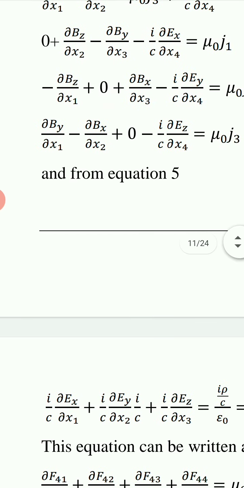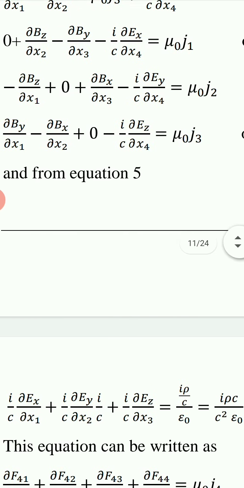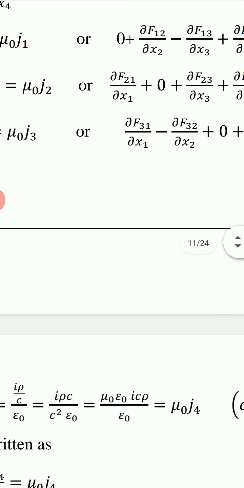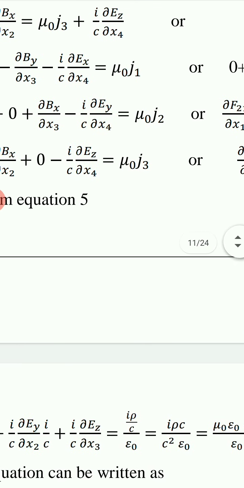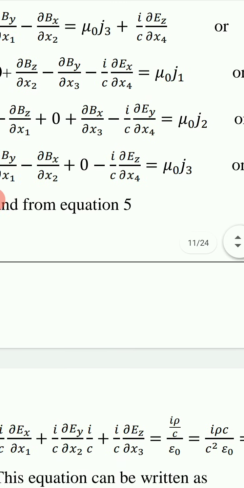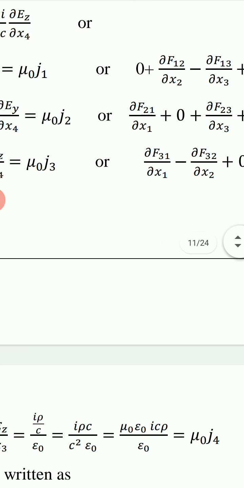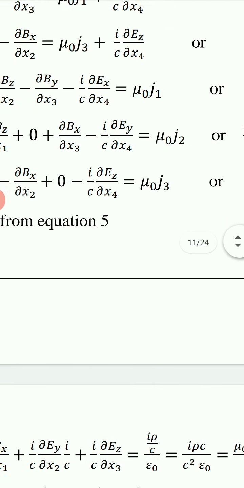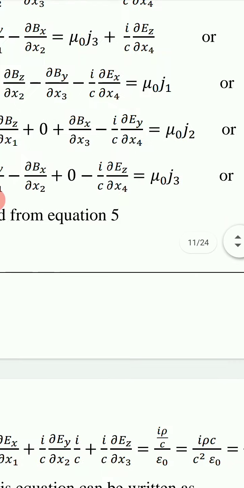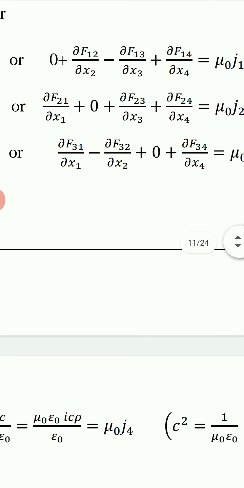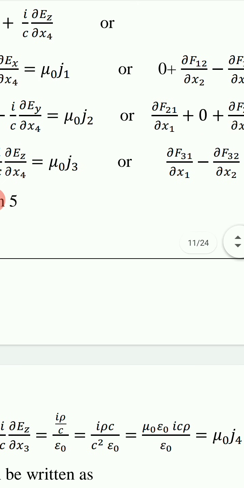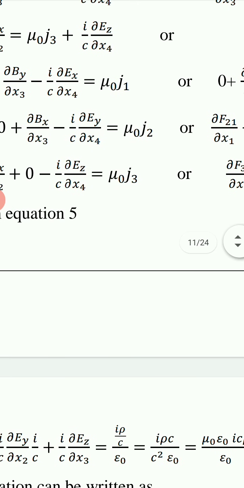For By, in the third term, we have written F13, and in the fourth term of the left hand side we write F14 for minus i Ex upon c.